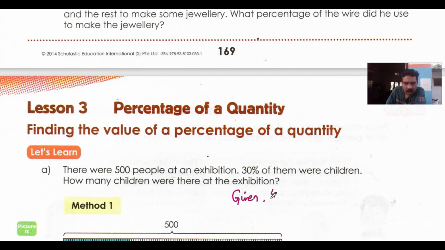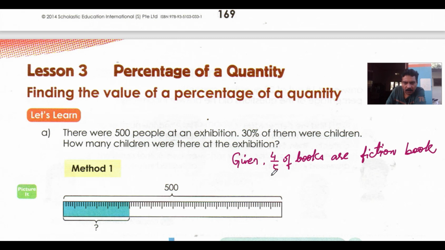Given 4 by 5 of the books are fiction books. So what do you mean by percent of 4 by 5? 4 by 5 into 100, as I told you, then it becomes 4 into 100 by 5. 5 ones are 5, 5 20s are 100, so 4 into 20 is equal to 80%.